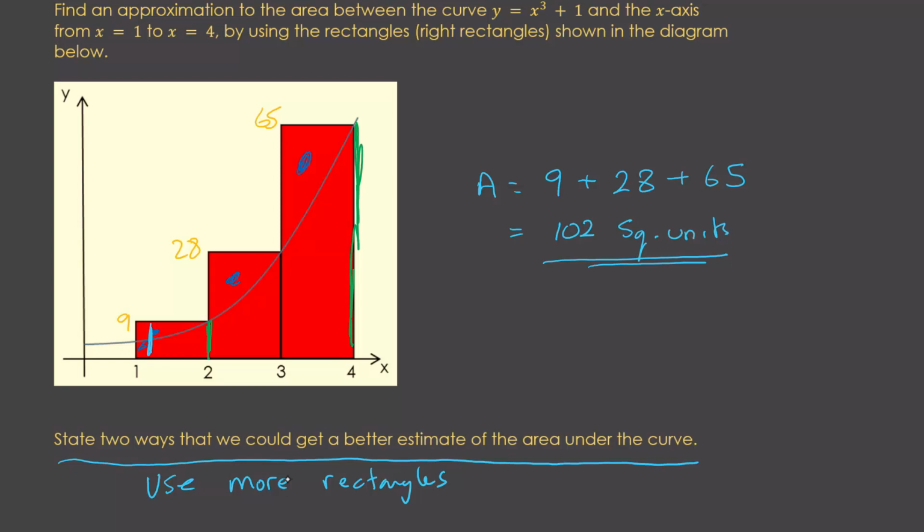The other way is to average our results. We know the first result was an underestimate, the second result was an overestimate. So let's do 39 add 102 divided by 2.